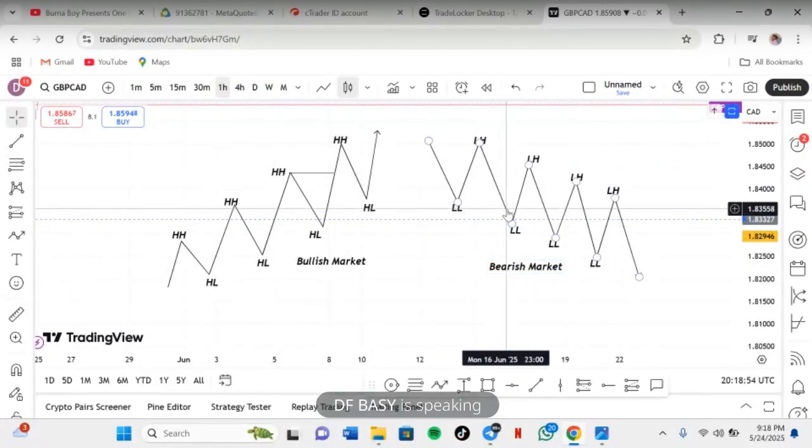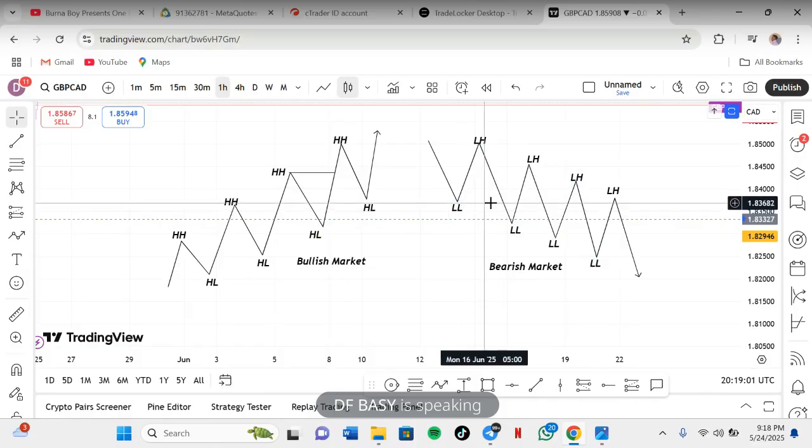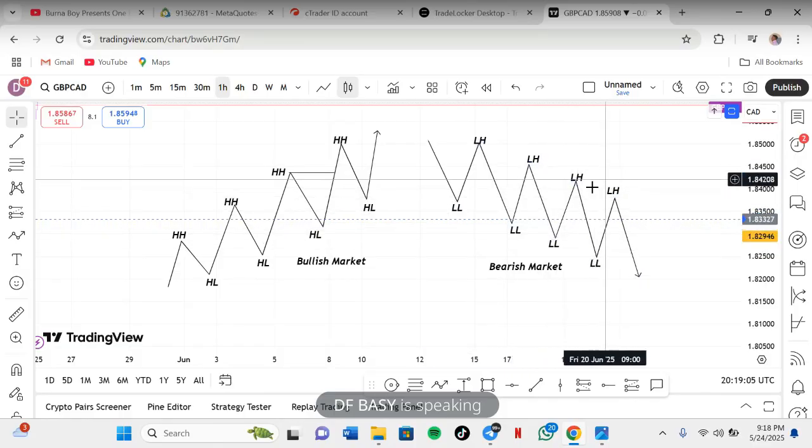In a bearish market structure, what do you expect to see? You expect to see lower highs, lower lows, lower highs, lower lows, right? The market is just doing what? It's making zigzags.